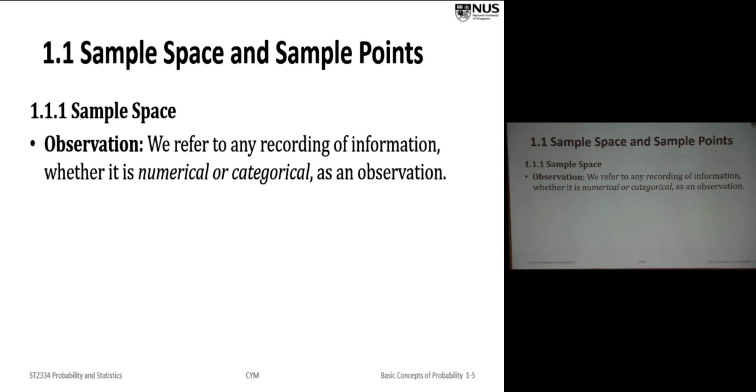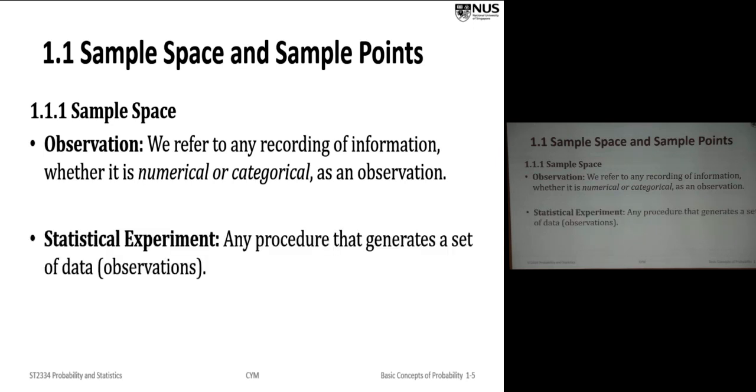For example, your gender is not 0, 1, right? It's female or male in English. These are not numbers, but they are considered as observations. So any numeric or categorical information is considered observations.